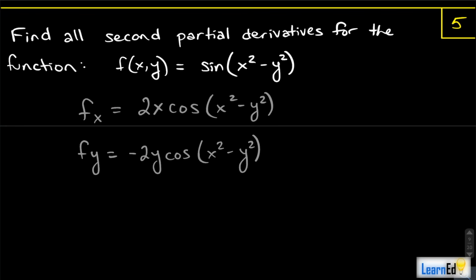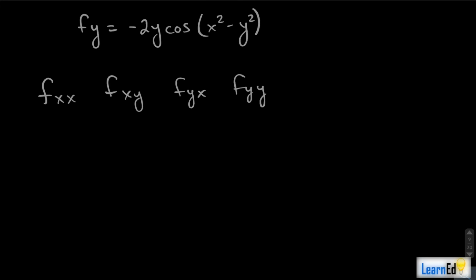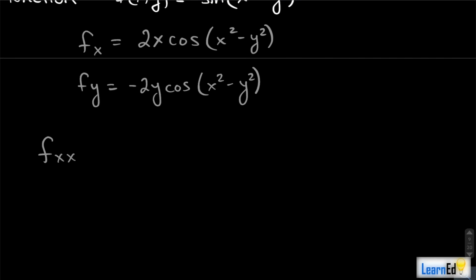Now we have to find the second derivatives, which, if you remember, are fxx, fxy, fyx, and fyy. Let's just go with fxx. To find that, we take another derivative of this with respect to x, and that is going to be some product rule.